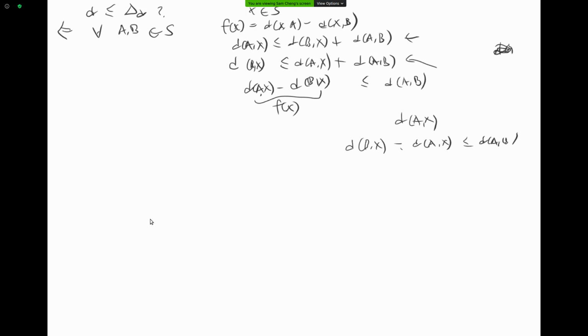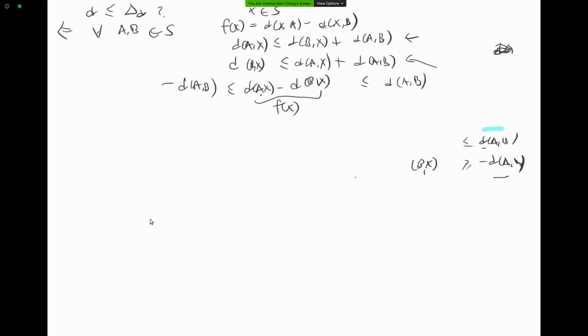Therefore minus dab is less than or equal to dax minus dbx. I just flip the sign everywhere, so this will be bigger than or equal to minus dab. So in conclusion, fx is less than or equal to dab but bigger than or equal to minus dab.